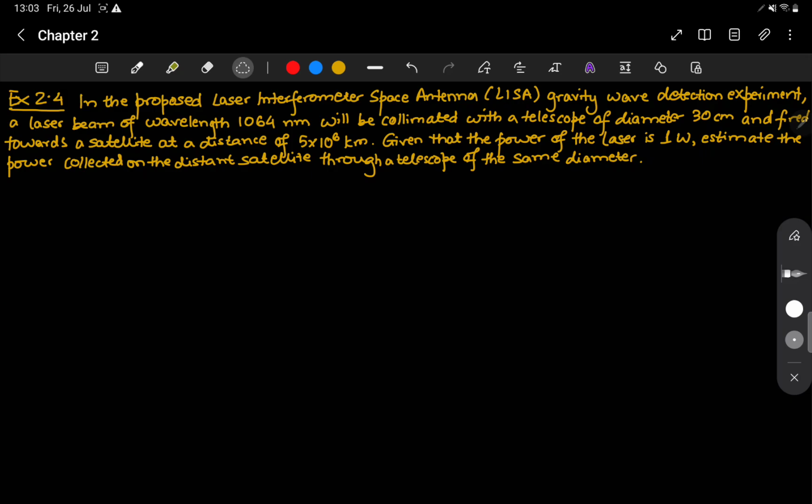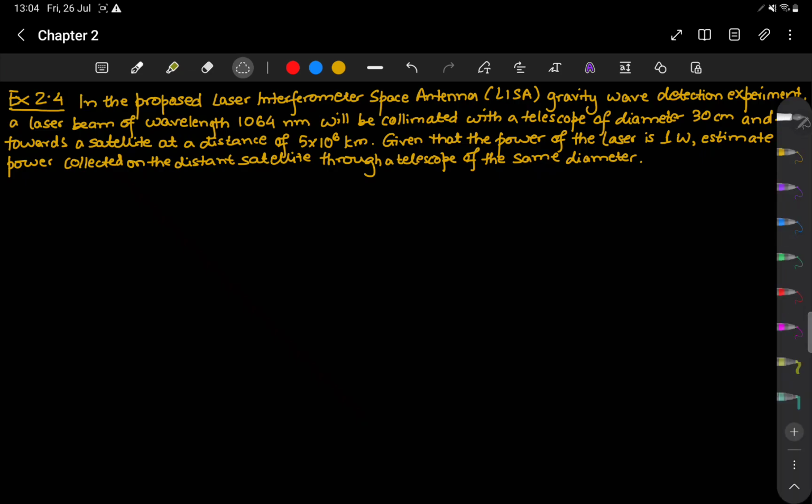Before we proceed, let me draw a diagram for you to give you an idea of what the setup will look like. I'll grab hold of my pen. So we have the laser source over here.